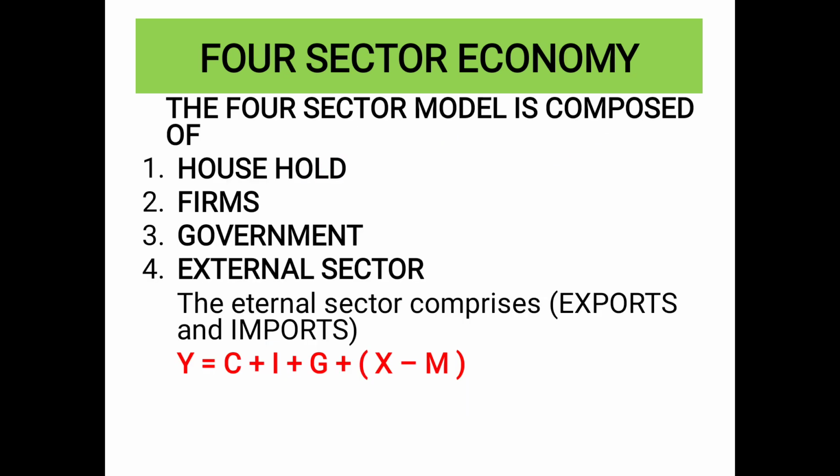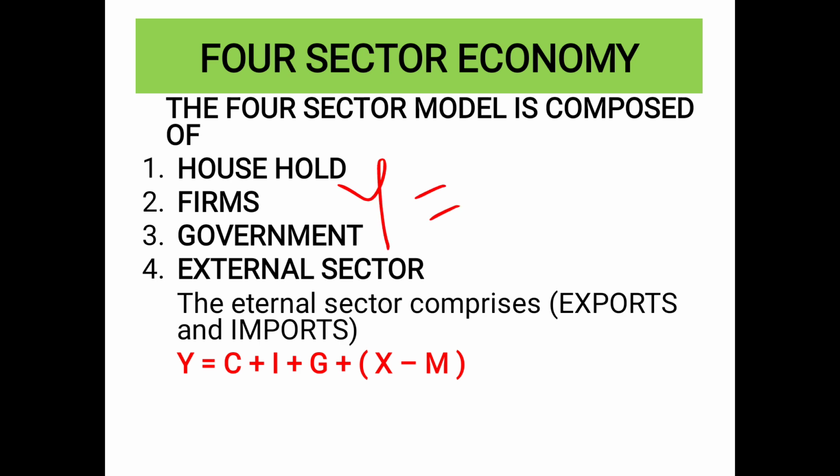So what does a four-sector economy have? It is composed of household, firms, government and external sector. External sector is nothing but the rest of the world, so we have import and export. What is the equation given here? Y is equal to C plus I plus G plus X minus M. Can you recall the two-sector equation?